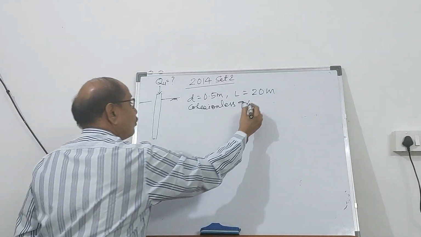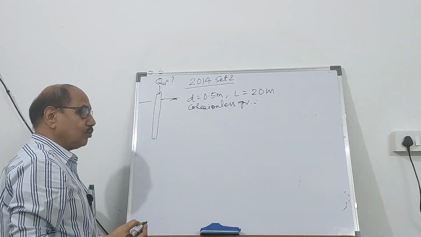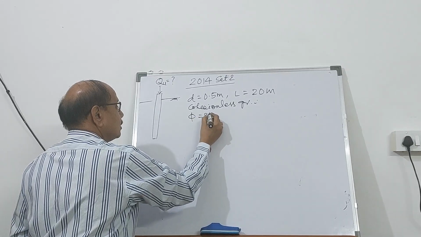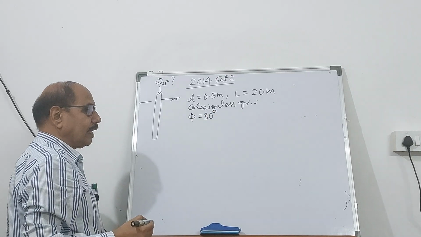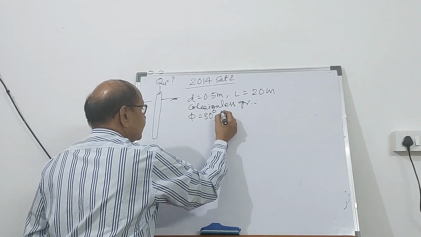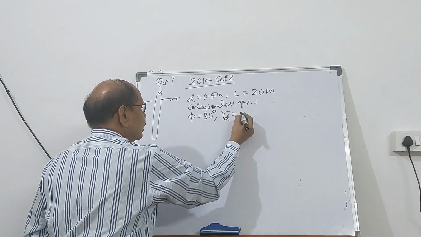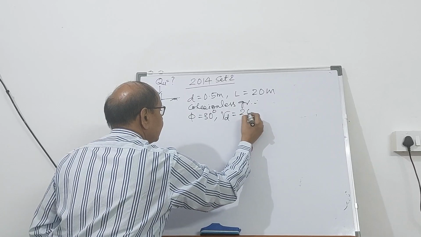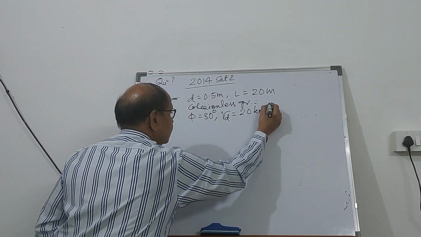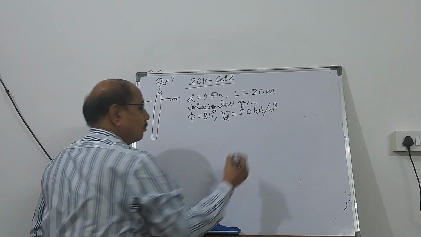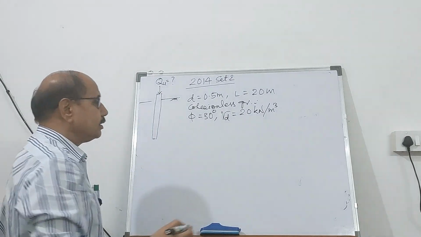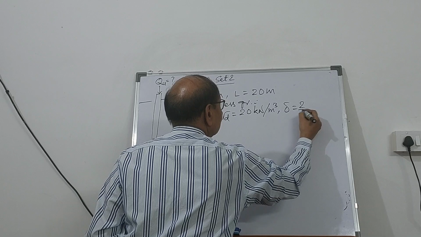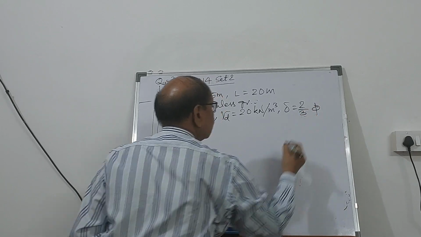Therefore, the ground property for cohesionless ground is phi 30 degree, and it is in dry condition, so the dry unit weight is given to you as 20 kilonewton per cubic meter, and the value of delta, the angle of wall friction, is given as 2/3 of phi.